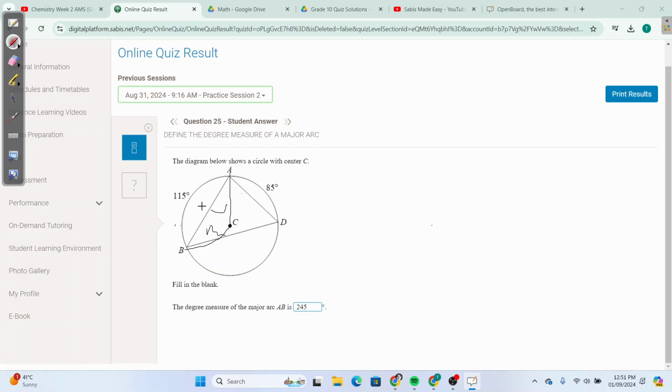Obviously, this would be 360 minus 115 because the degree of an entire circle is 360. So you'd do 360 minus 115 to find all of this, right? Because this is the other part. So 85. The 85 is only for AD. Now, if you want AB, it includes the 85. So out of 360, it's 85 plus x.